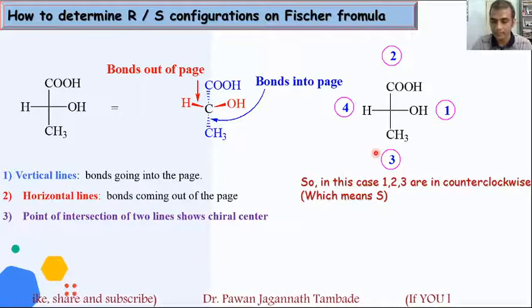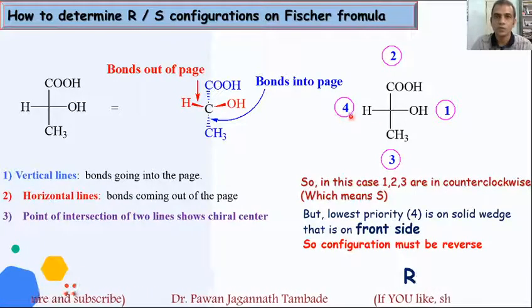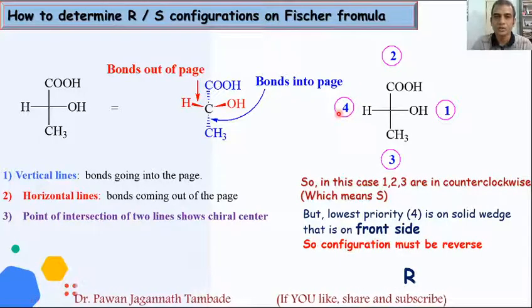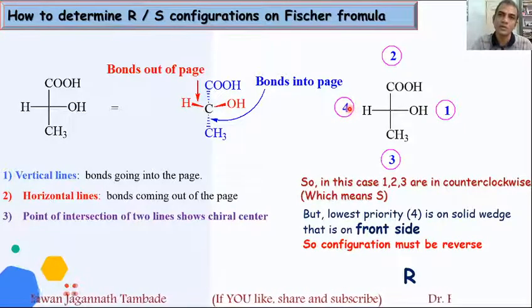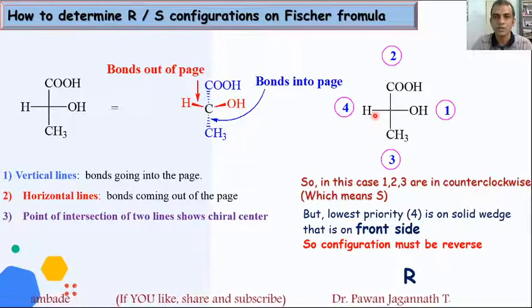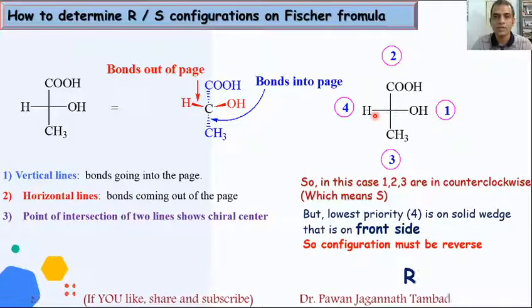But at the same time, when you think of this fourth priority atom, that is hydrogen, it is present on this horizontal line, that is it is towards the observer. But according to CIP rules, we need this fourth priority atom or group away from the observer. So in such cases, we need to apply the opposite rule.